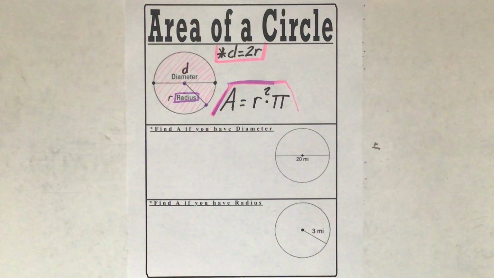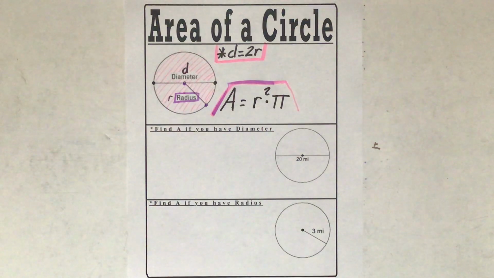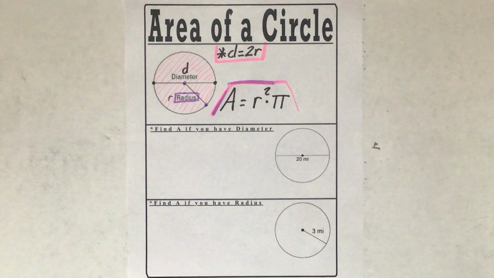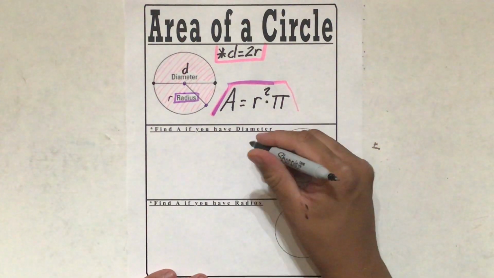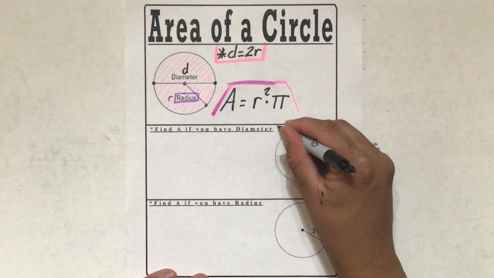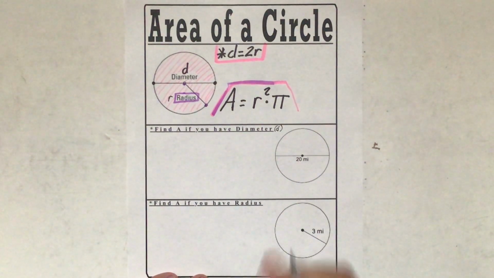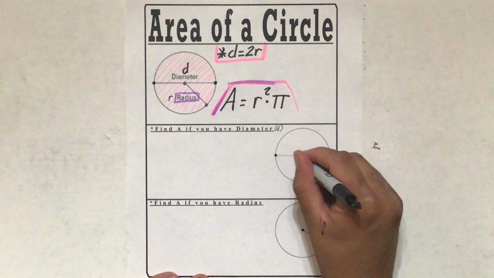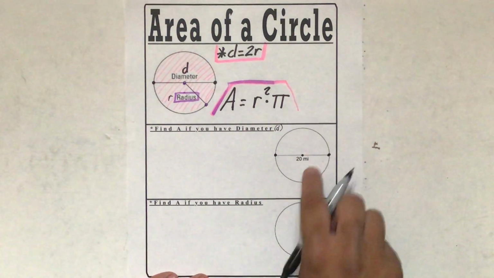So as the first example, we have to look at what they're asking and what they give us. It says find A if you have the diameter. So if you have D. So here they give us D. From this point going through the middle all the way to the other point on the circle is 20 miles.